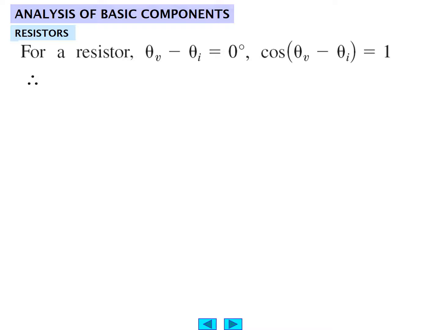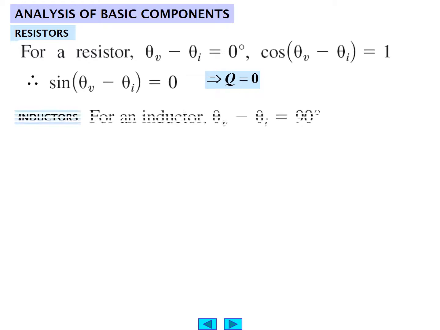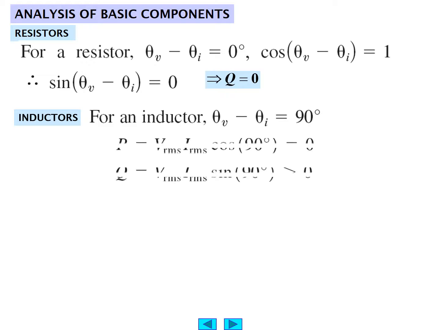For a resistor, of course, theta V minus theta I is 0, and cosine theta V minus theta I as a result is 1. Therefore, sine of theta V minus theta I has to be 0, and for a resistor, the reactive power Q would identically be 0. For an inductor, theta V minus theta I is 90 degrees.